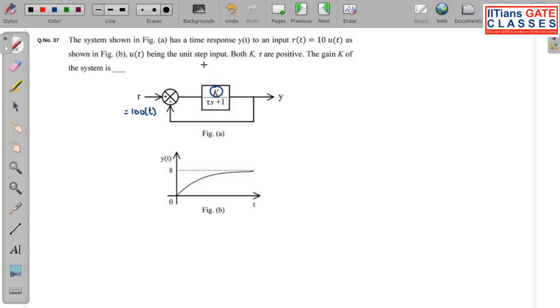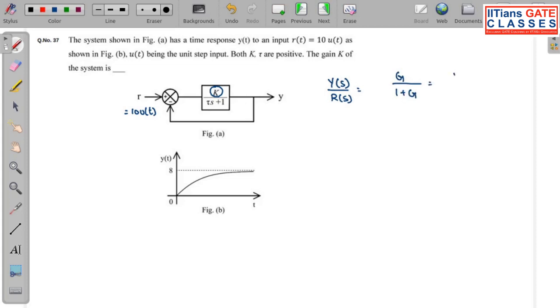If I want to calculate the gain k of this system, how can we do it? If we calculate Y(s) by R(s), it will be G divided by 1 plus G. Why? This is a unity feedback system.